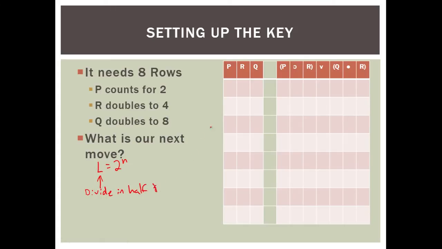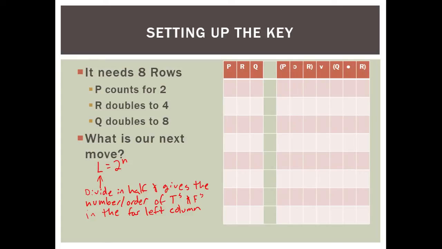And that gives the number and order of trues and falses that you're going to put in the far left column.